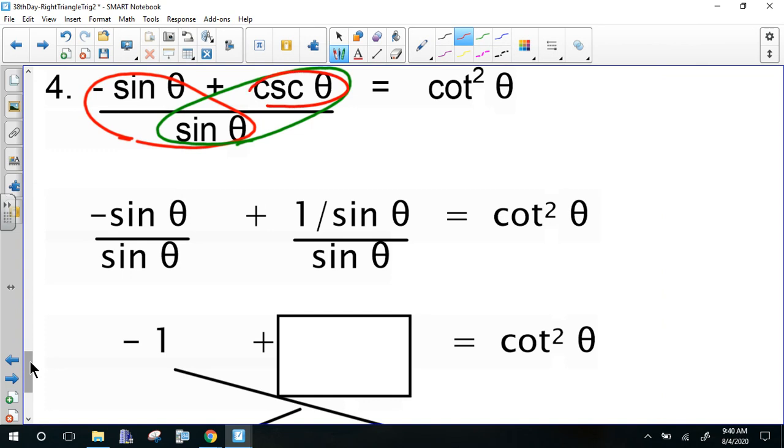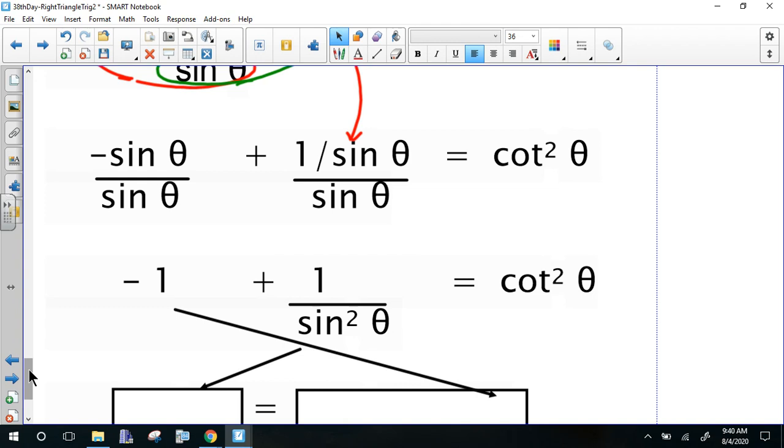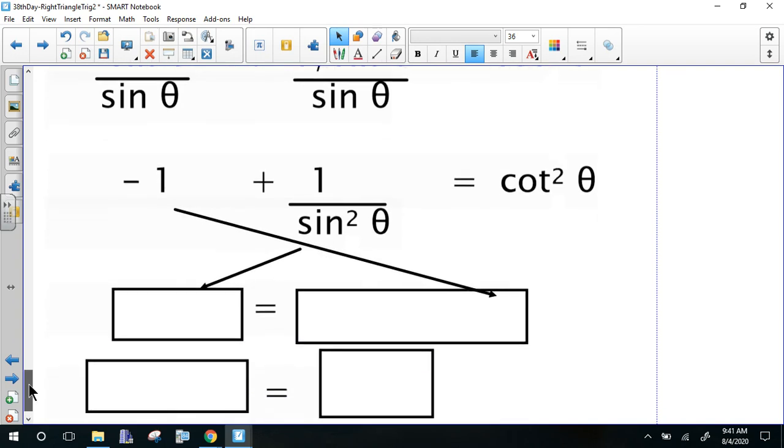So cosecant theta here is 1 over sine. I know negative sine theta over sine theta gives me negative 1. If I do the math here, I get 1 over sine squared. One over sine squared theta is cosecant squared theta.